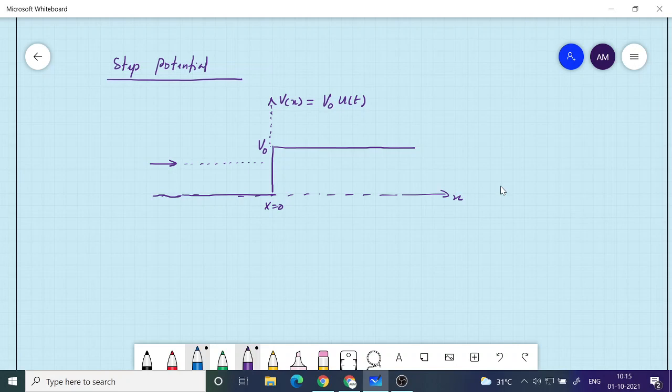So normally if the electron has energy smaller than the barrier, then there is no way the electron can go to the right side. Okay, so it will be bounced back. But if the electron has wave nature, then what should be expected? So we need to solve the Schrodinger equation again.